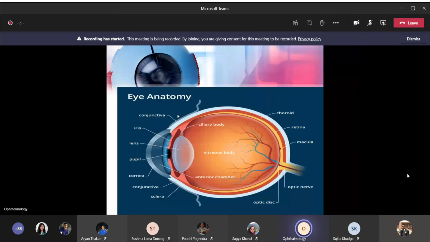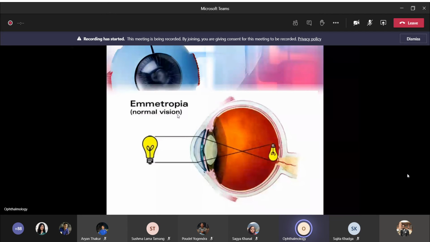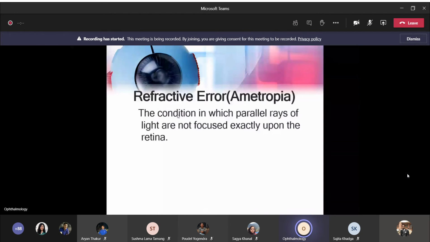Now, refractive error, or ametropia. See the spelling difference between emmetropia, which is normal, and ametropia, which is refractive error, AMETROPIA. This is the condition in which parallel rays of light are not focused exactly upon the retina.